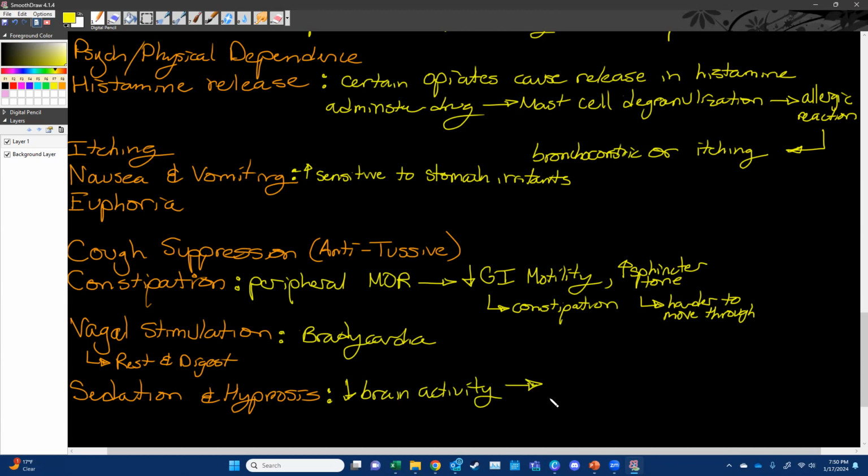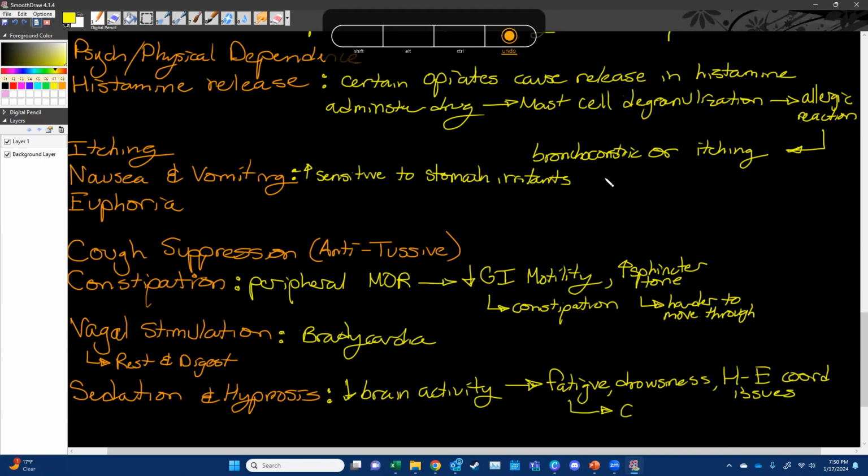Which, of course, is going to lead to fatigue, drowsiness, hand-eye coordination issues. Ultimately, what this can lead to is coma, where you have so little brain activity that you are just asleep.